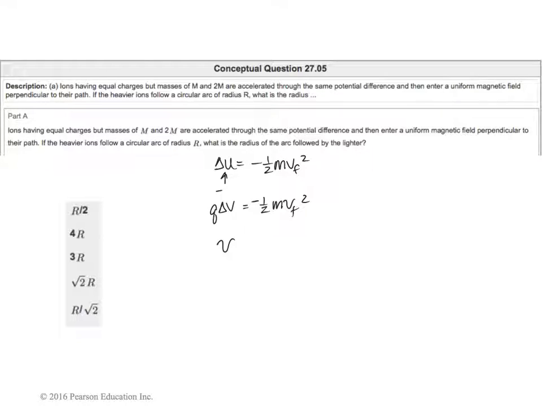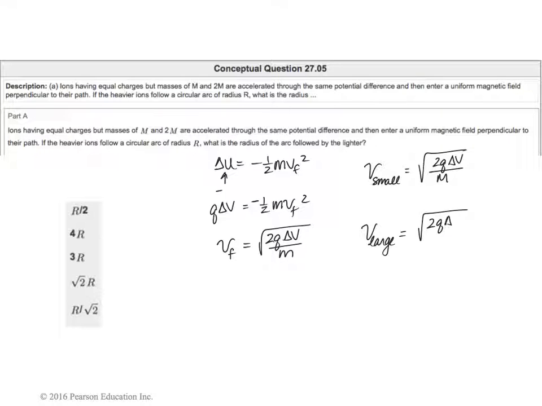This tells us that in general, the final velocity can be expressed as the square root of 2 times Q times delta V over the mass. Now, we can make some conclusions about the speed of the two particles based on that. The velocity of the smaller particle is going to be the square root of 2Q delta V over big M. The velocity of the larger particle is going to be the square root of 2Q delta V over 2m.